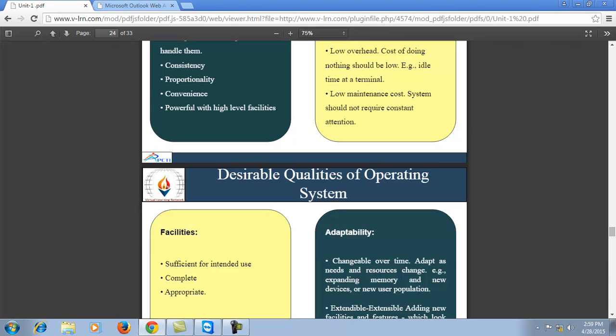Next point is complete. Any number of resources are available in an operating system or application software, but if a resource is not doing its task completely, it is able to do the task but not everything, like converting a PDF file into Word. Suppose we have software that is able to convert the PDF file into Word, but it is not able to convert images into Word format.